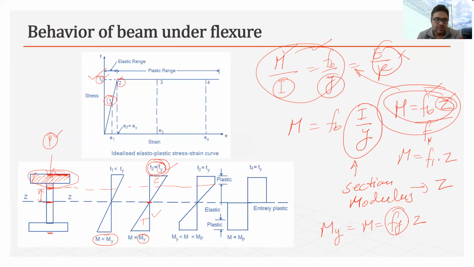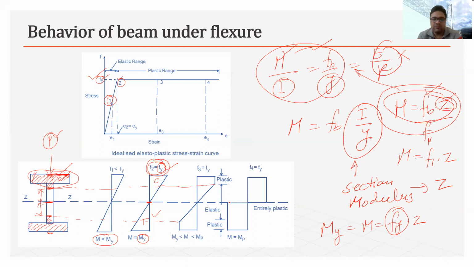This part has reached the plastic zone, or plastification is happening in the upper part, which I have just hatched. Similarly, the same thing is happening on the lower region also, up to this part. You can see here, this part is also plastifying. This part is plastified, while this part is still in the elastic region.